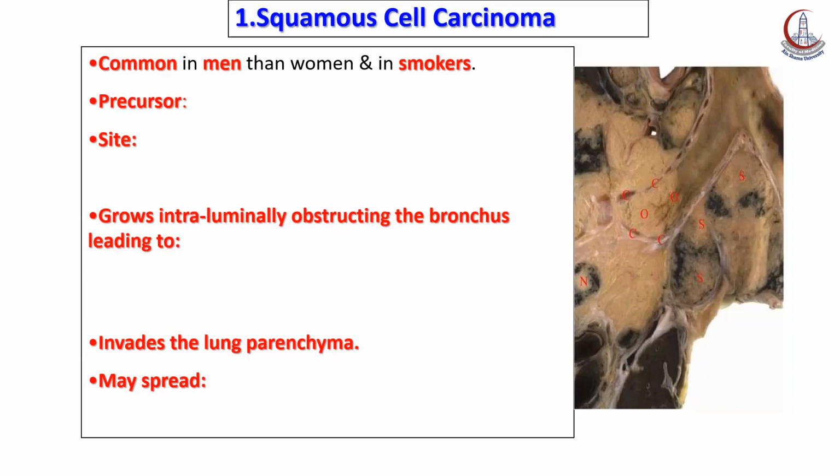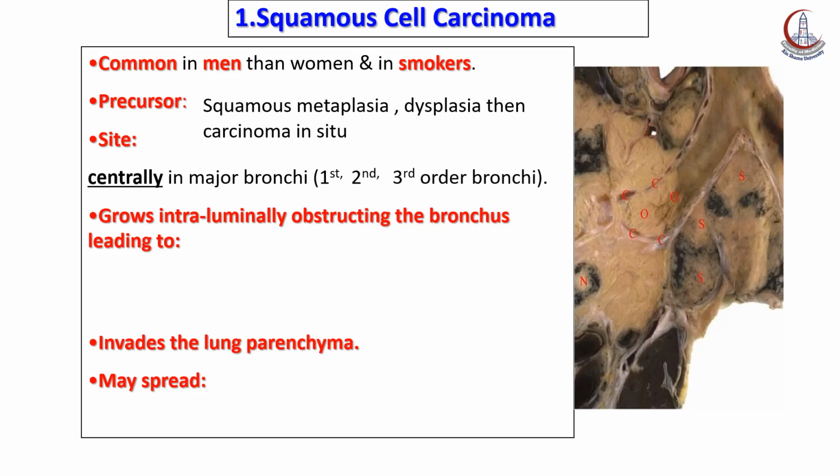We will start with squamous cell carcinoma. It's more common in males than females and associated with smokers. The precursor is squamous metaplasia, dysplasia, then squamous cell carcinoma in situ, affecting the central part or the major bronchi.